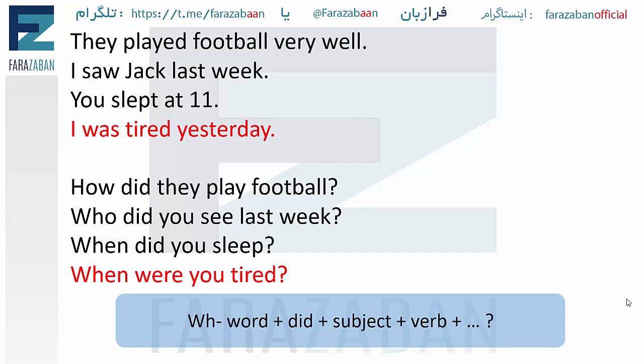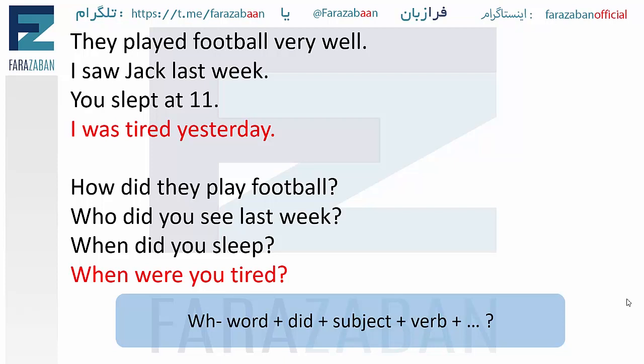ما قبلا گفتیم some verbs in past form, some verbs are regular like play, walk, watch, talk. If we want to make them past, we simply just add ed. Played, walked, watched, talked. Okay? But some verbs are irregular, which means we cannot add ed to them.